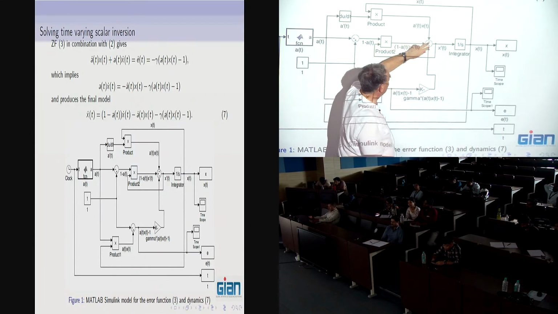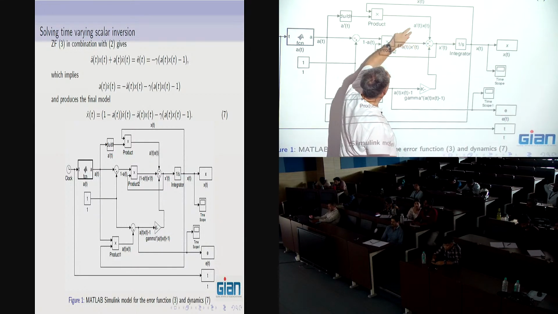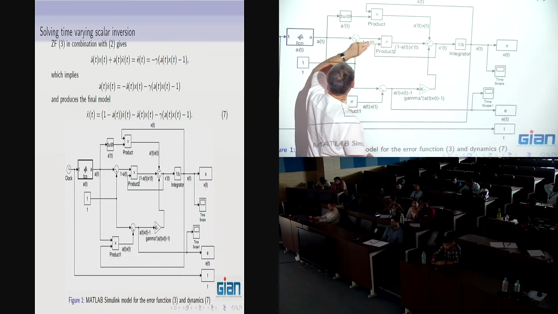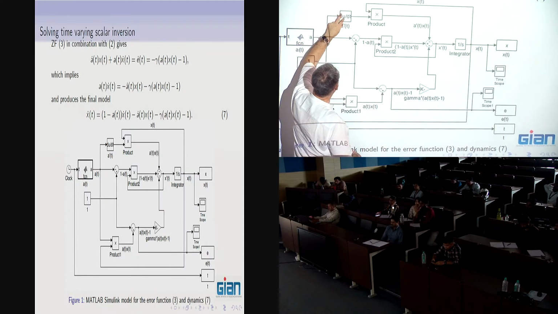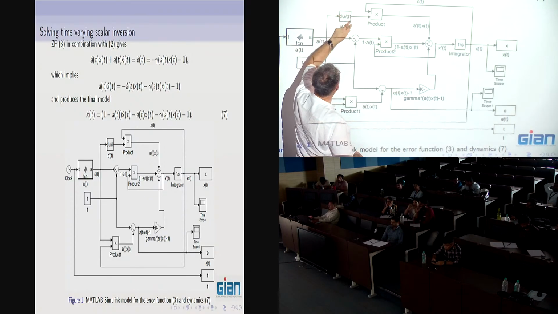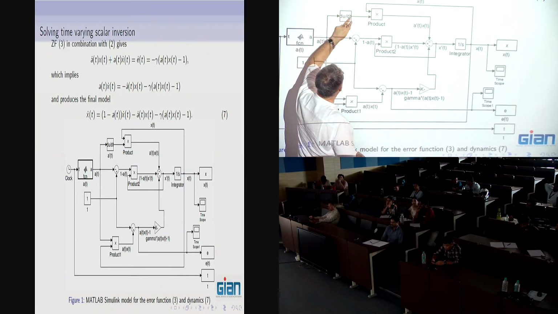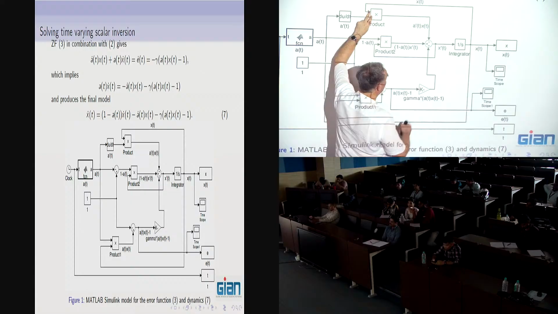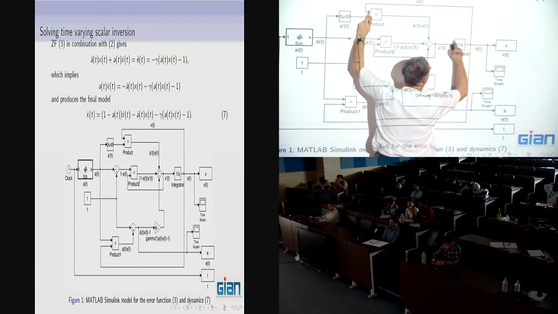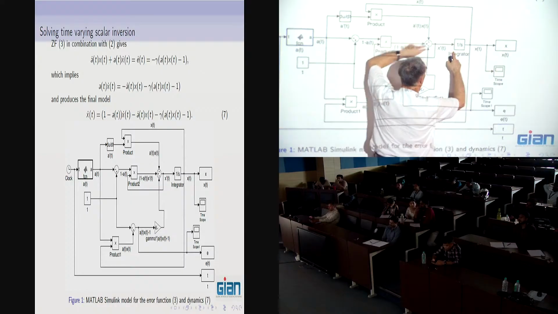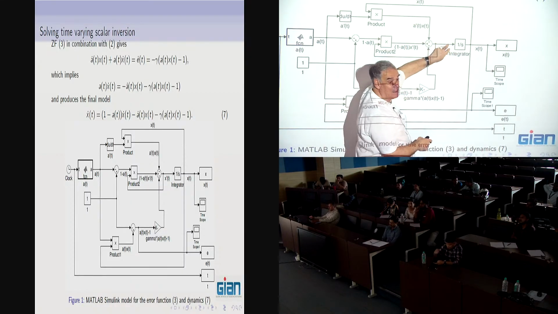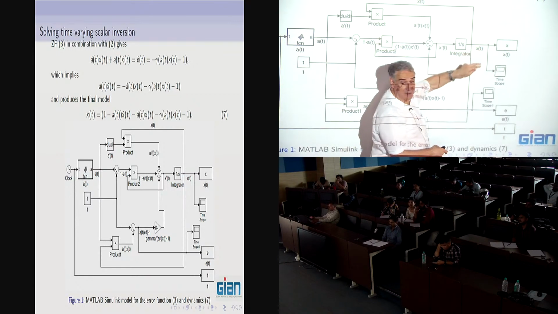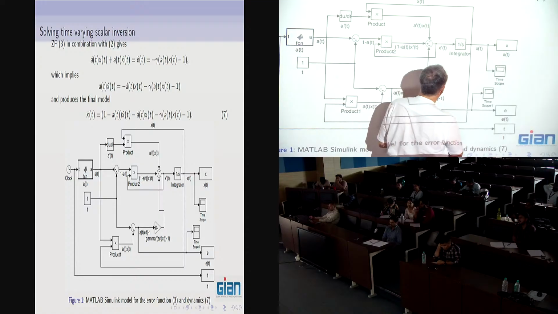Plus minus block. We need minus for A dot x. We need A dot. Here is the block for derivative. Then we need product, multiply A dot with x. X is after the integrator. Just before the integrator we have x dot. After the integrator we have x.